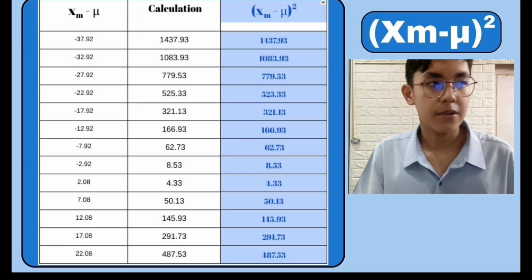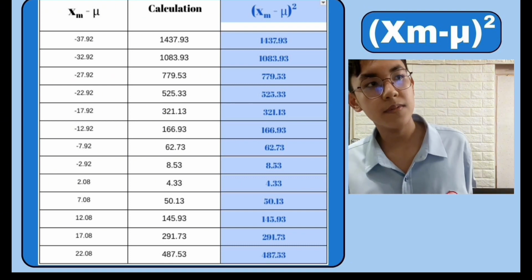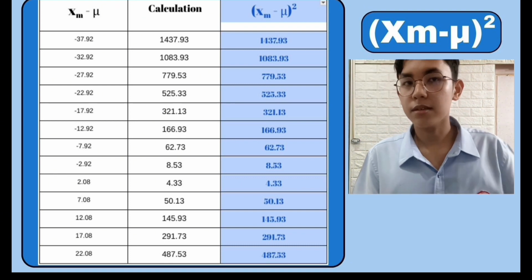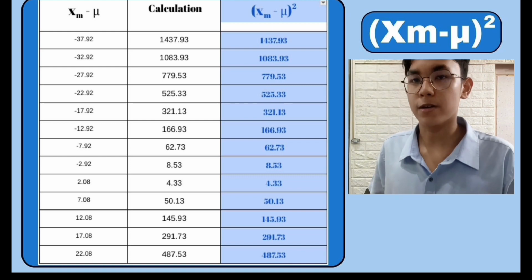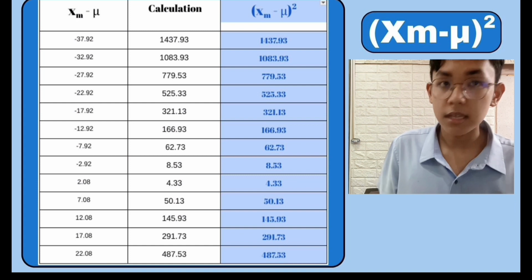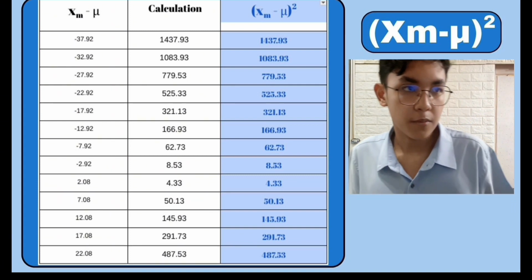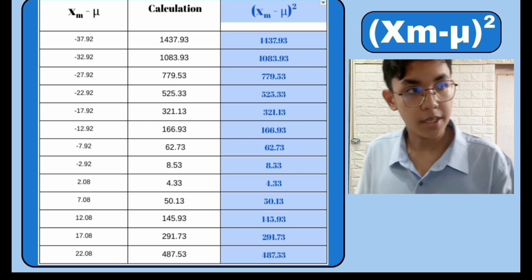So, what we have here is negative 37.92. And now, we want to square all of these that you're seeing on screen. Negative 37.92 squared is 1,437.93. Then, move on down, negative 32.92 squared, we get 1,083.73.